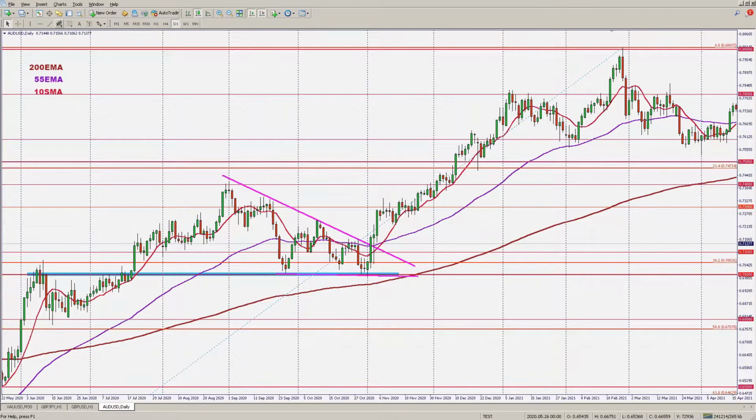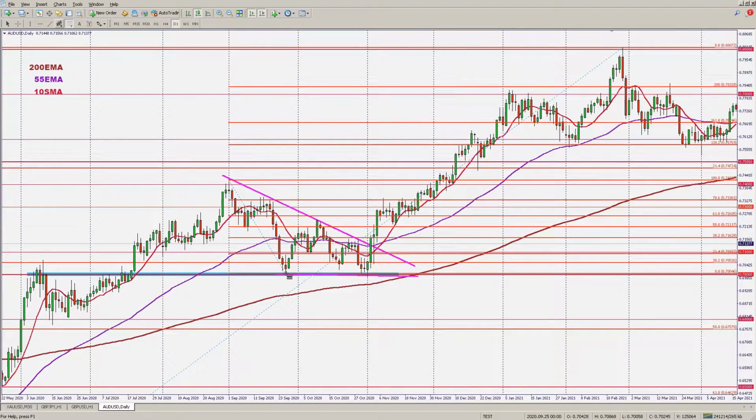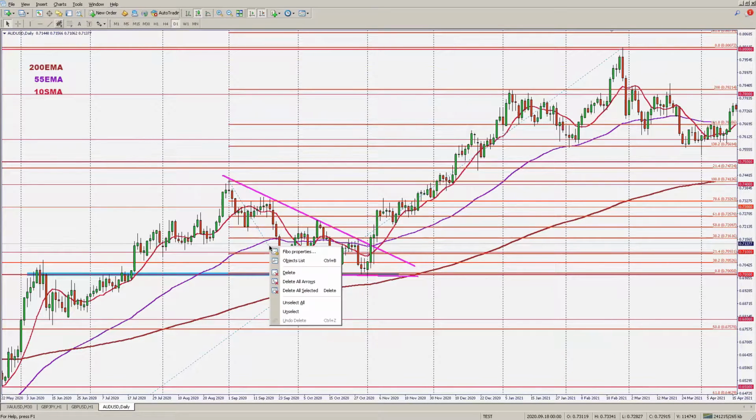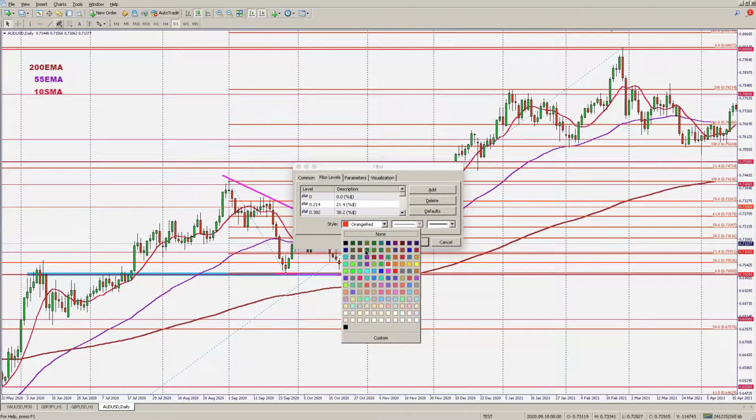We can actually go Fibonacci retracement here, reversal. Let's change this color to say green.